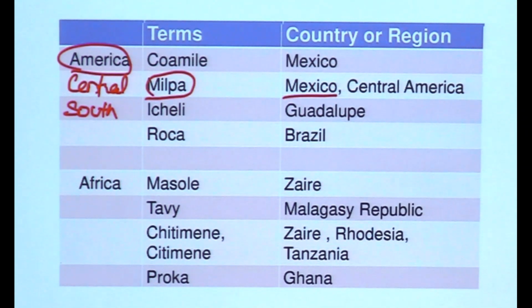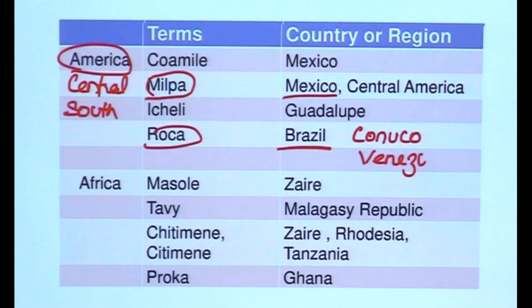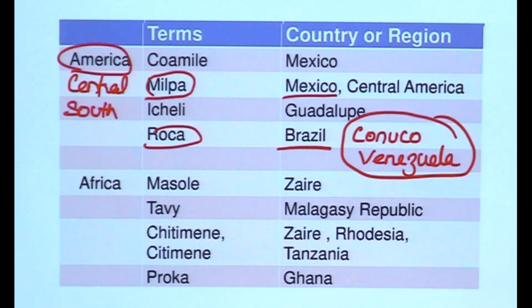So you can notice that in Mexico we have got Cuamil as well as milpa. Milpa is more common, and roca in Brazil. Apart from it, we can also add the name Conuco in Venezuela. So the list is immense. Some names you must take into account. And in Africa, it is Masole, Zaire. Zaire is the older name of the Democratic Republic of Congo.